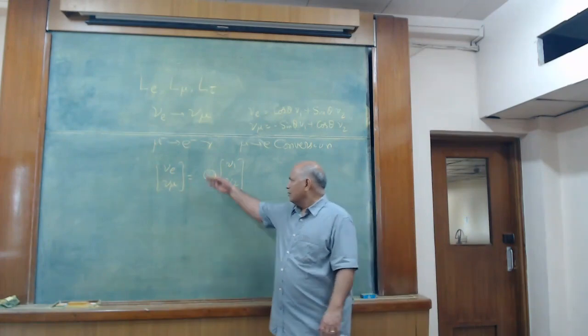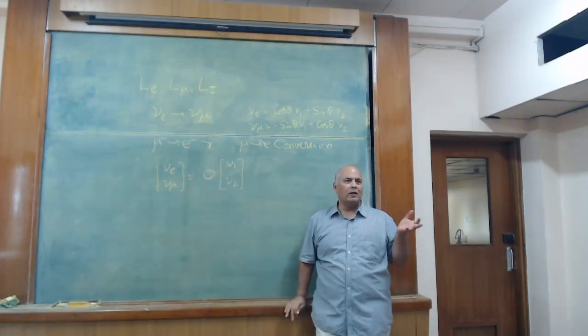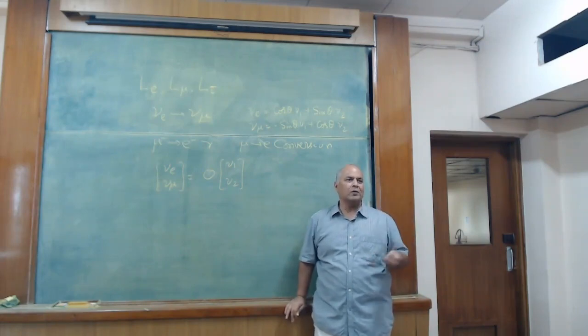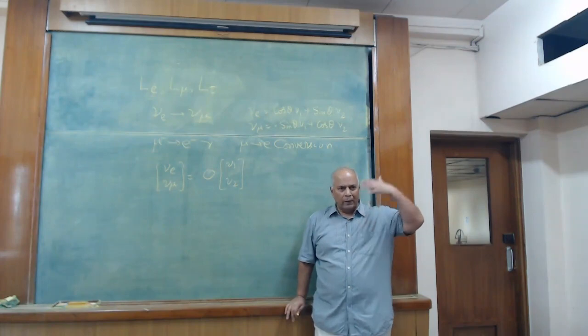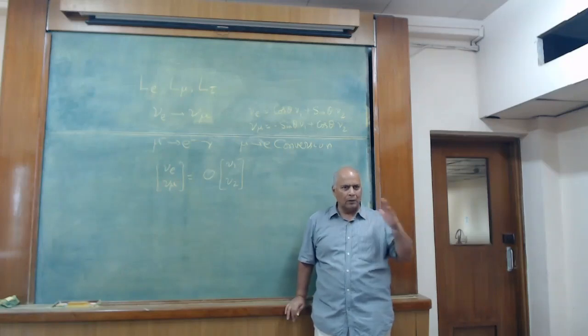note that these are fermion fields, and fermion fields in general are described by complex objects. So, when my eigenstates are complex and I want to preserve the probability, what is the property of the transformation matrix?